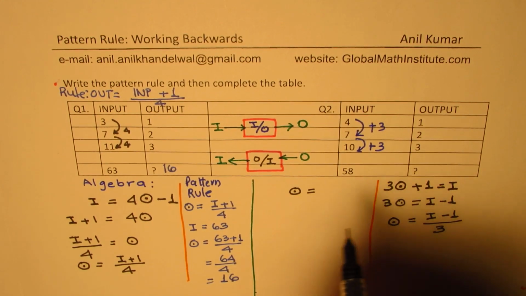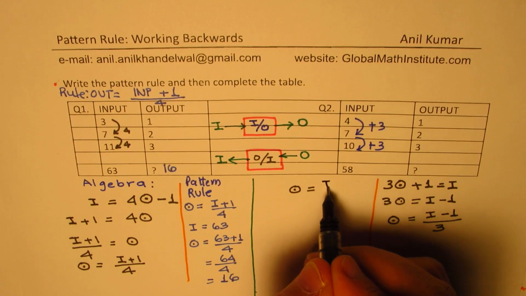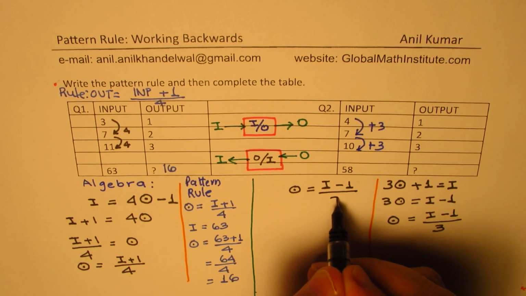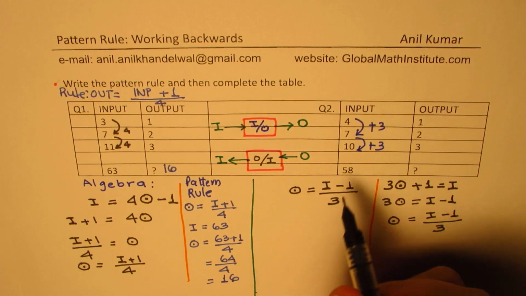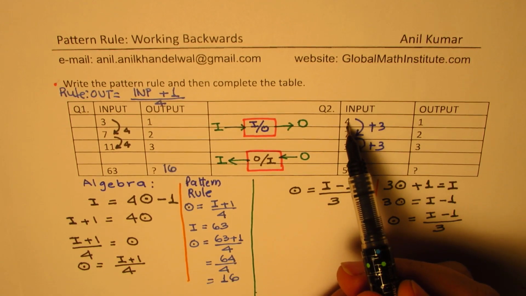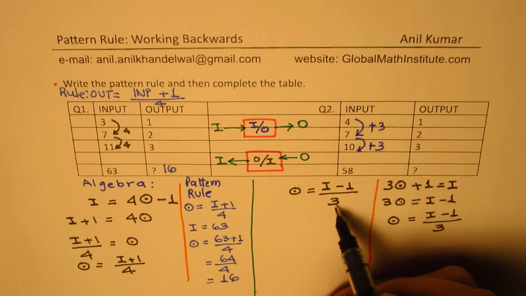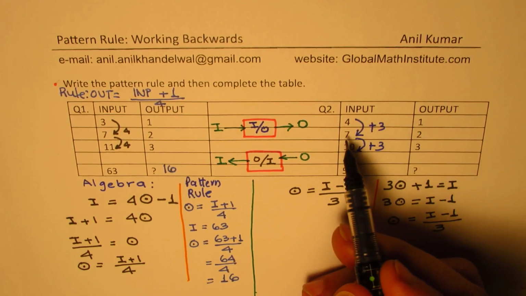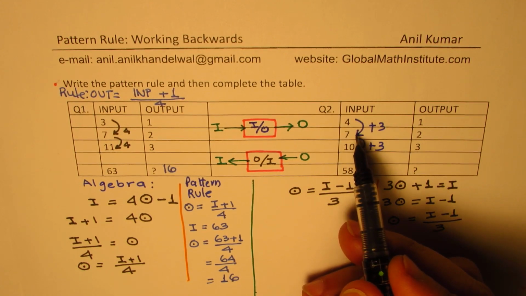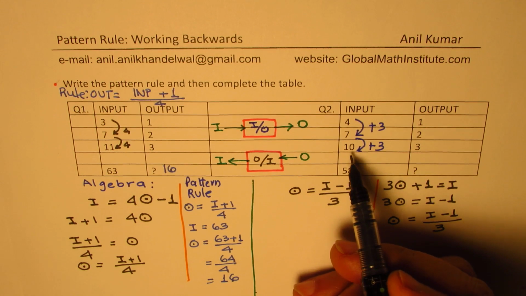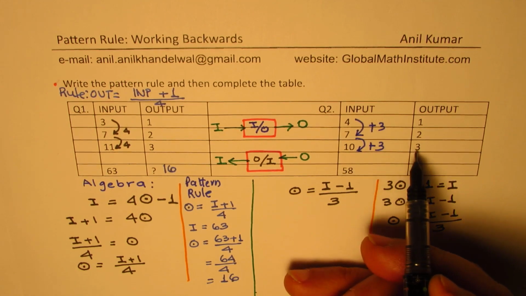So we figure out that output should be, from the input, we have to take away 1 and then divide by 3. Correct? Let's test. If input is 4, you take away 1 becomes 3 and 3 divided by 3 is 1. Correct? 7 take away 1 is 6, divided by 3 is 2. 10 take away 1 is 9. 9 divided by 3 is 3.